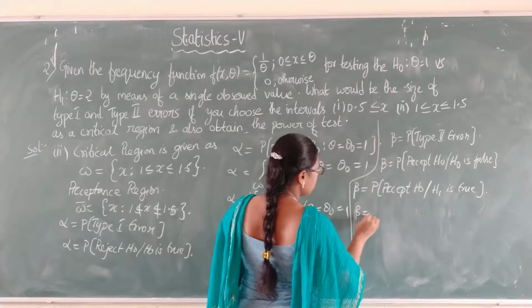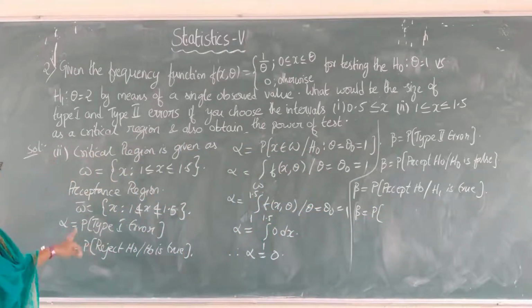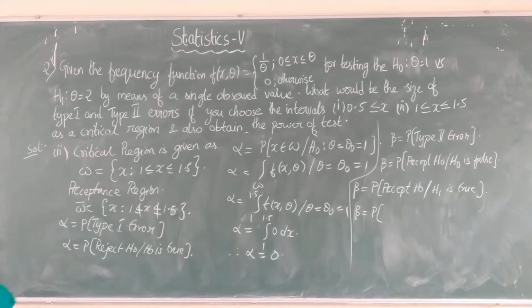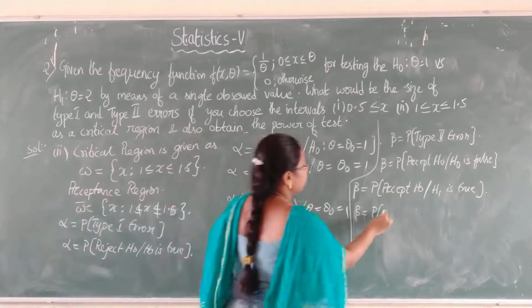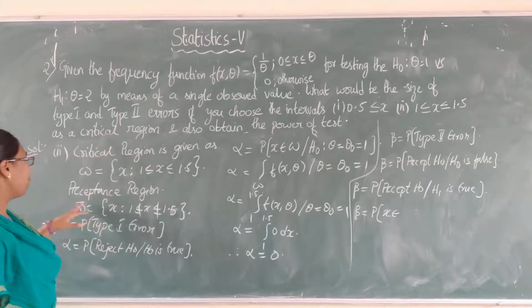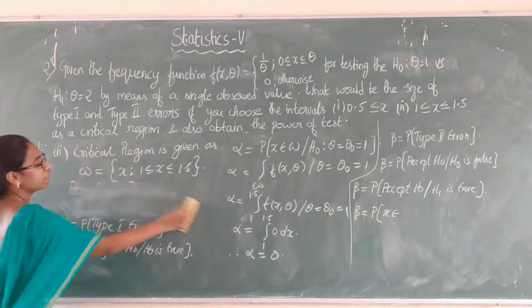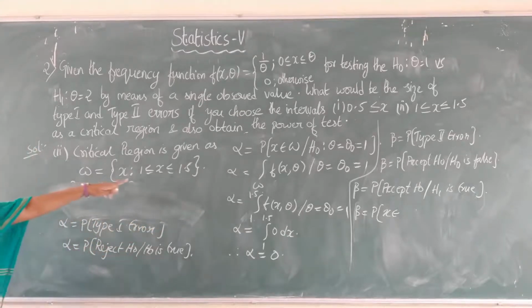Beta equals to probability of, so when you are going to accept the H0 under the omega complement, so probability of x belongs to... generally we write accept H0 means acceptance region. But here the two limits are given. In the starting writing itself I said only the critical region we will write for this. The acceptance region will not be written for this problem because we have two limits.